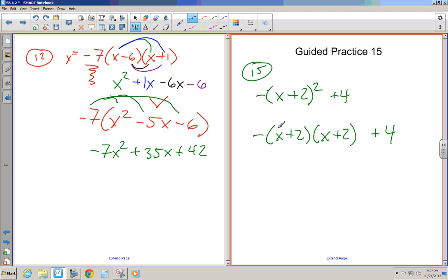Now we FOIL. First, the outside numbers, the inside numbers, and the last numbers.